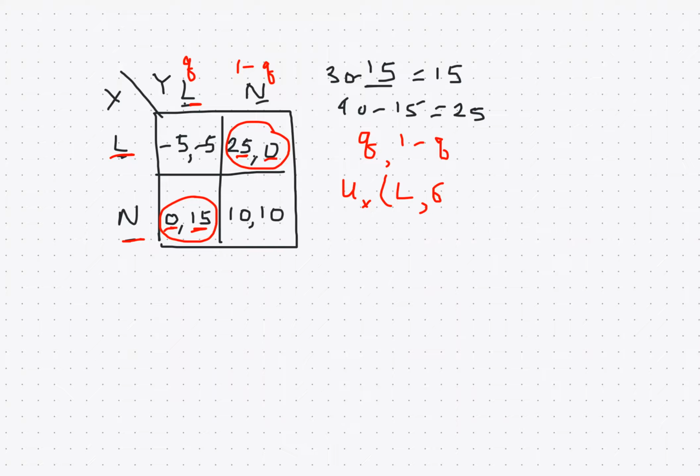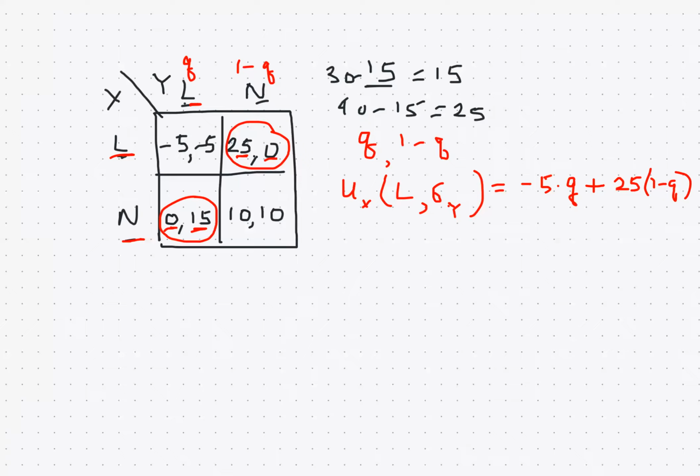So we'll just say sigma, which is the mixed strategy, probabilities for firm Y. So if firm Y plays lobby with a probability Q, then firm X will get -5 with a probability of Q. So -5 times Q. Plus, if firm Y does not lobby with a probability of 1 minus Q and firm X chooses to lobby, then it gets 25 with a probability of 1 minus Q.